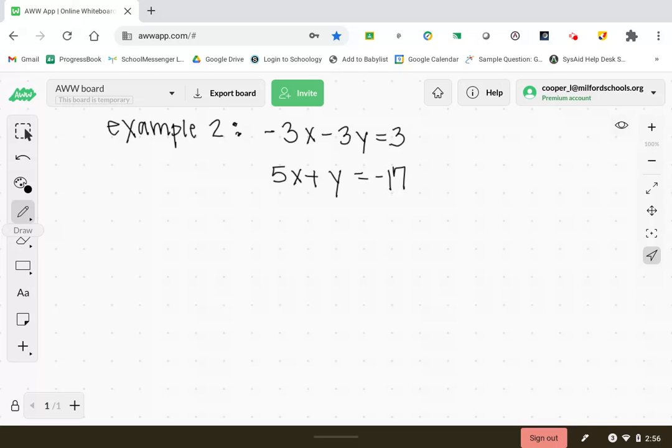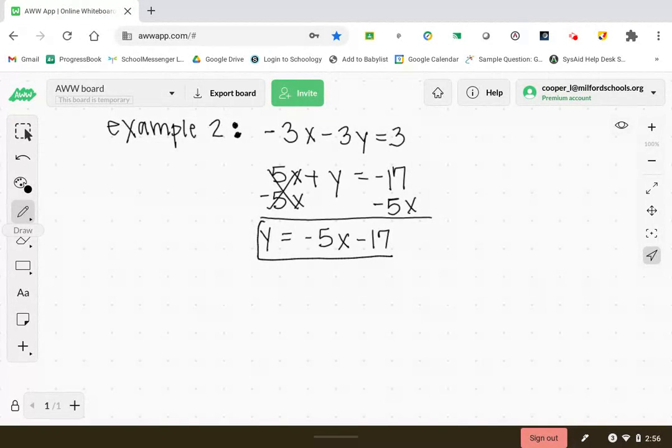The thing that kind of stinks for this one is I told you our main goal is to have the variable by itself in one of the equations, and I don't have that. My second one is close though. Hopefully you're noticing that already. I could get the y by itself by moving this 5x. So what I'm going to do is subtract 5x to get that y by itself.